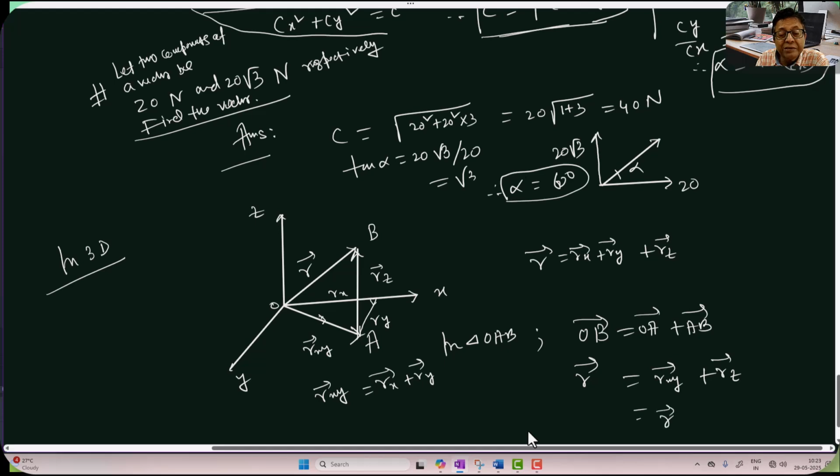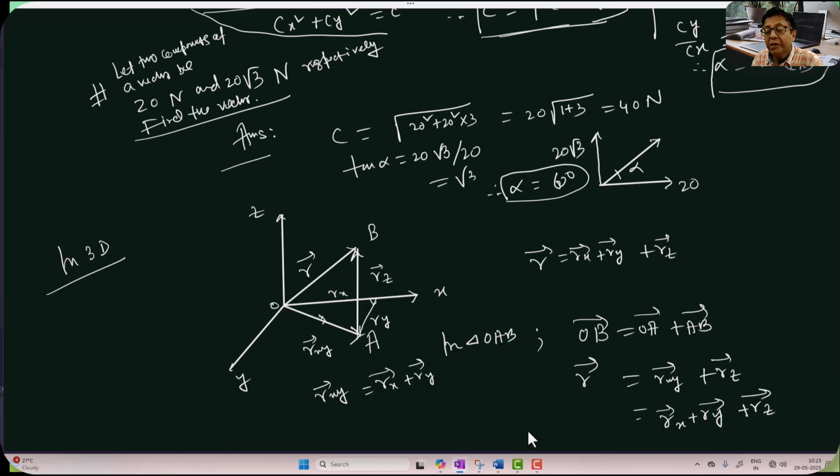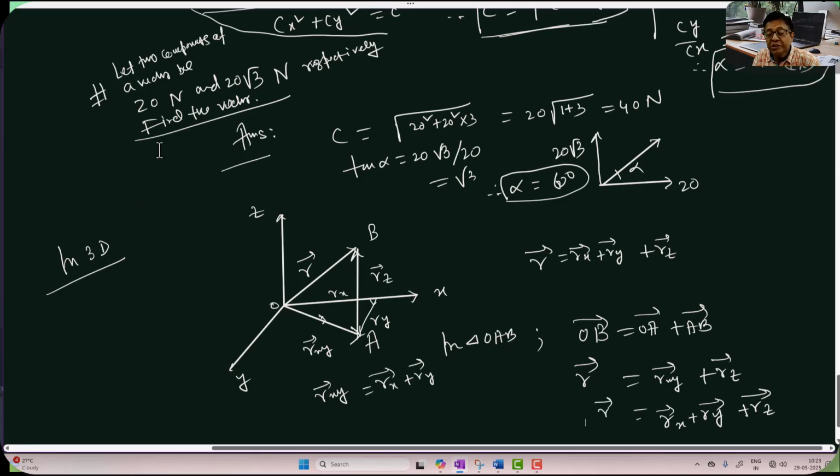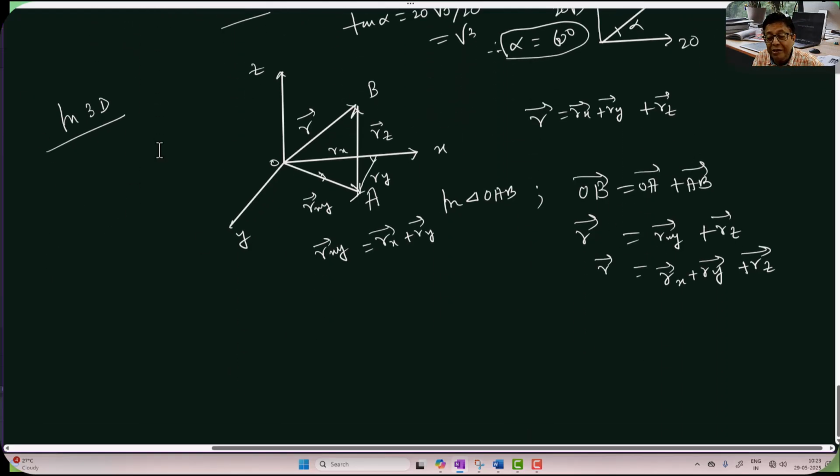That is Rx plus Ry. So you write Rx plus Ry. So if there is a 3D vector, it is made of these three components: component along x-axis, component along y-axis and component along z-axis. Okay?